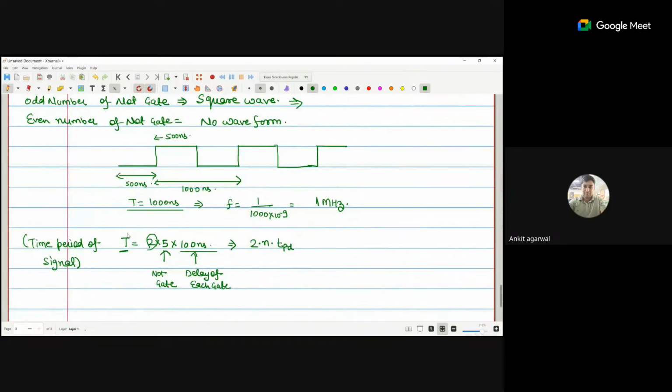So 2NTPD is the delay. If we have 7 NOT gates, then the total time period is 2 times 7 times 100, that is 1400 nanoseconds, and the frequency is 1 divided by 1400 times 10 raised to the power minus 9.